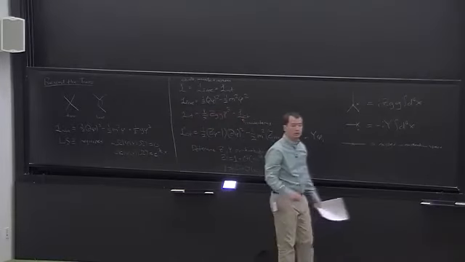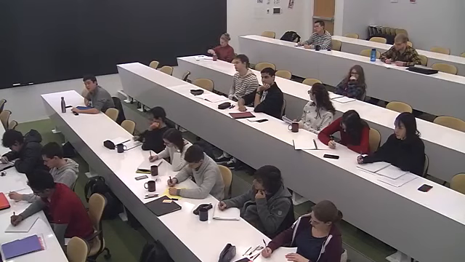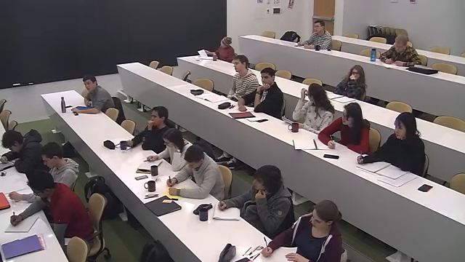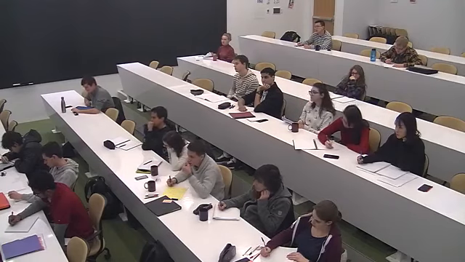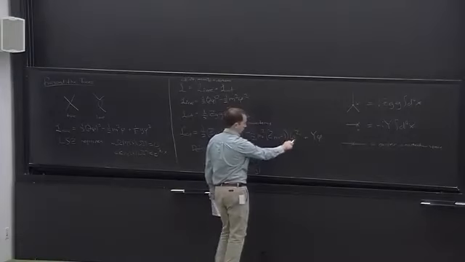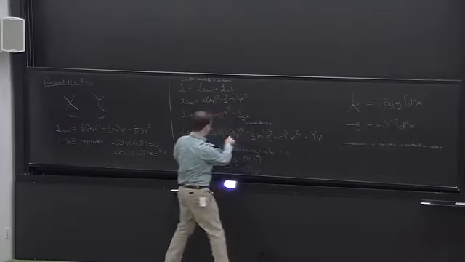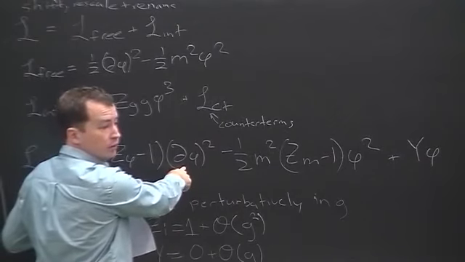Okay. Why isn't it just like i m squared times Z_m minus 1 times an integral? That would be the interaction for this term. But we also have here a term with two fields and two derivatives.